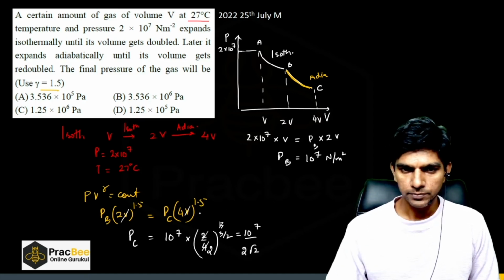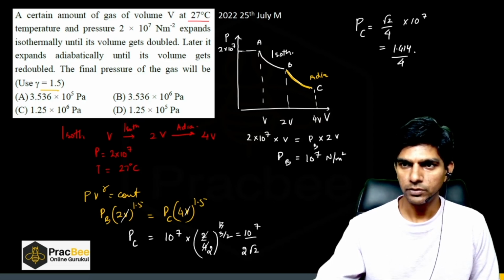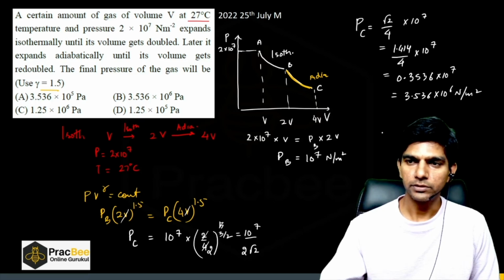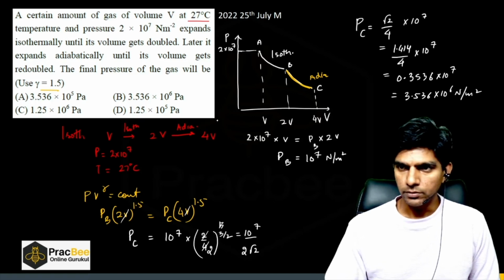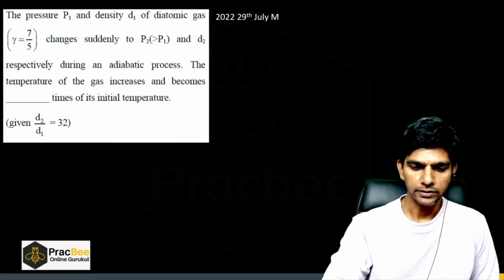This can be written as root 2 upon 4 times 10 raised to power 7, which is nothing but 1.414 by 4 into 10 raised to power 7, and this is 0.3536 into 10 raised to power 7. I can write this as 3.536 into 10 raised to power 6 Newton per meter square. So if you look at the options, option B is the right answer, right? Option B is the right answer.